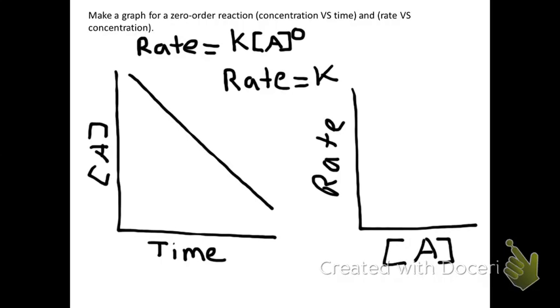Then we should get a straight line going across like so. Alright, and so that would be what a graph would look like with rate versus concentration. So you need to know what these graphs look like for zero order, first order, second order, as far as concentration versus time and rate versus concentration. Alright, so there is a zero order.